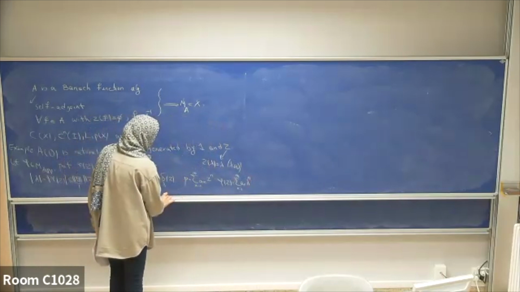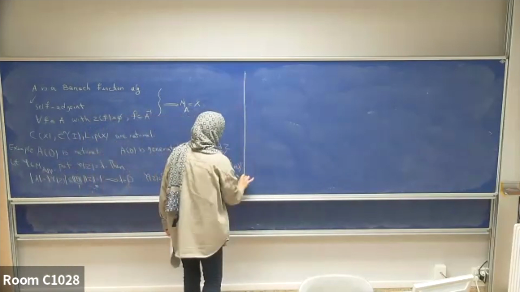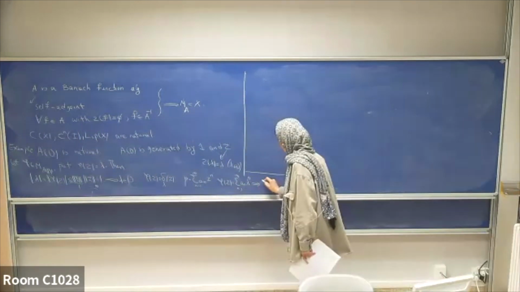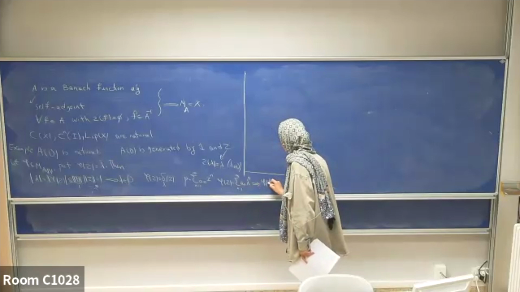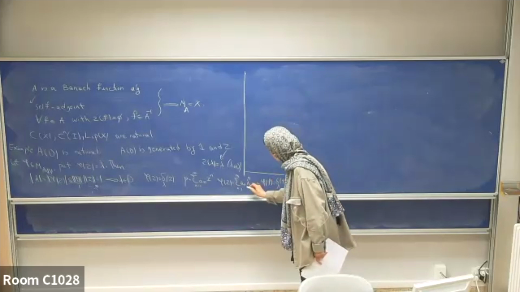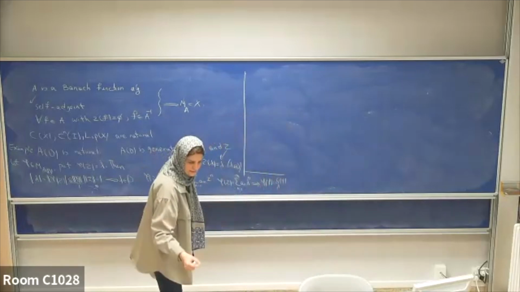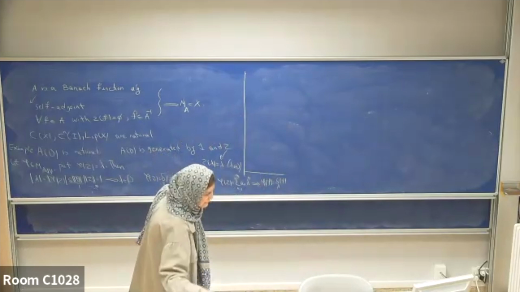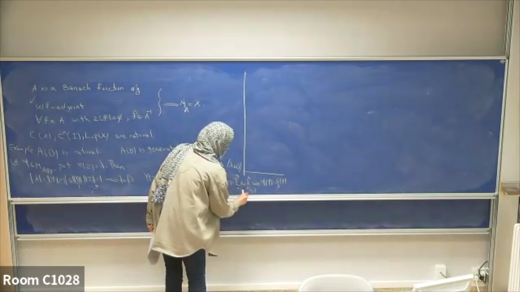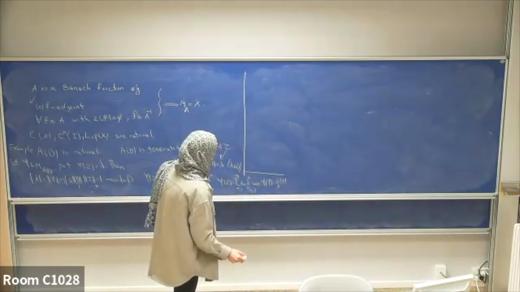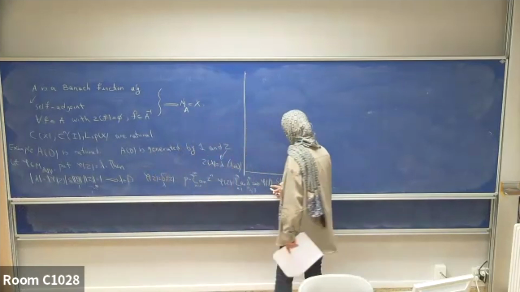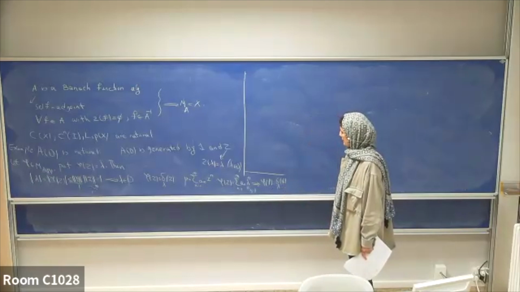So for each f, because it's the limit of polynomials, we can say that phi of f is also delta lambda at f. This is, of course, lambda, delta lambda at f. And f is the limit of polynomials, so we have it for f also.